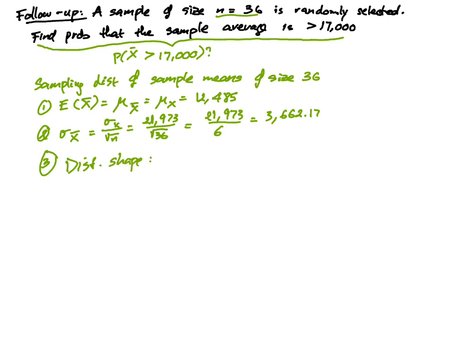Okay? So now the last thing we want to know is the distribution shape. So now, is x normal? The answer is we don't know, right? In the original problem, we weren't told whether x is normal or not. So we want to look at the sample size.